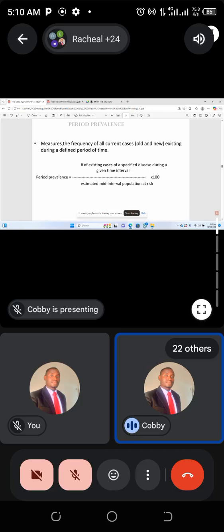What is the number of cases of disease during that interval? Then point prevalence is just at one point in time. So if today I want to determine the prevalence of malaria, I'll just count all the cases of malaria today and calculate the point prevalence.